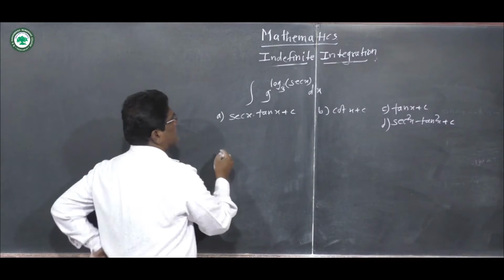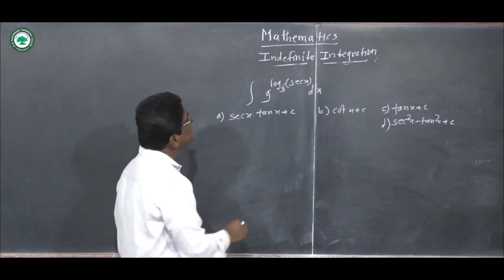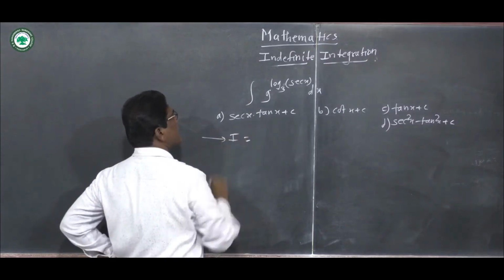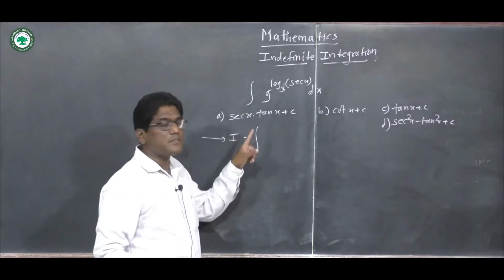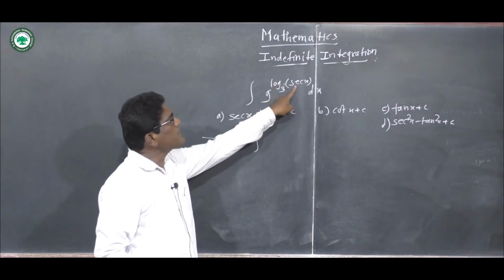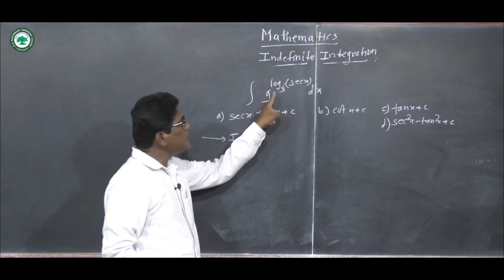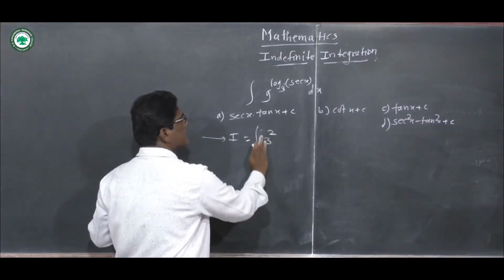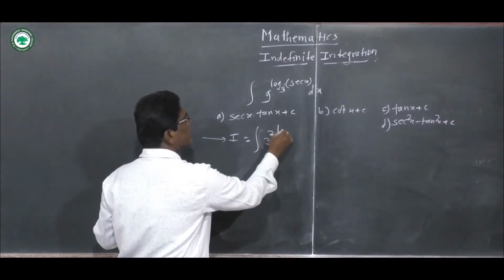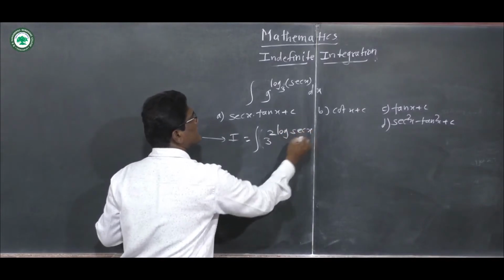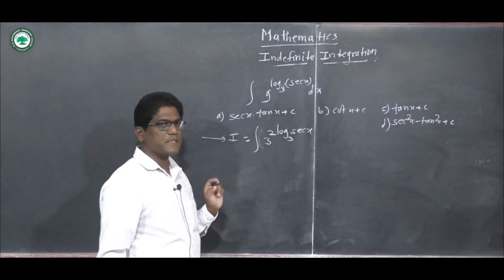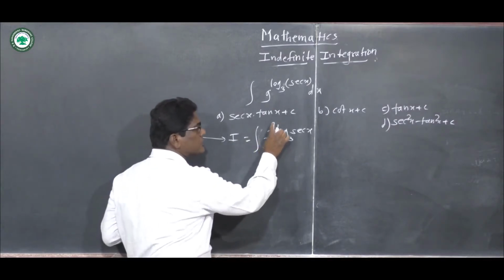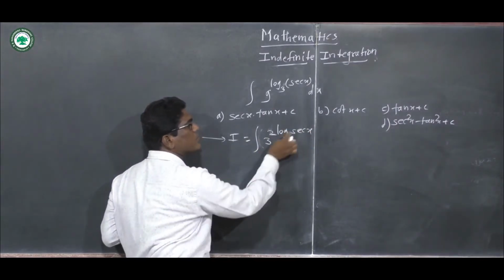Now we have to find the correct answer. So consider the given problem as I is equal to integration of 9 to the power log of sec x to the base 3. We write this 9 as 3 square, and now we carry this 2 as a power of sec x using the rule of logarithm.